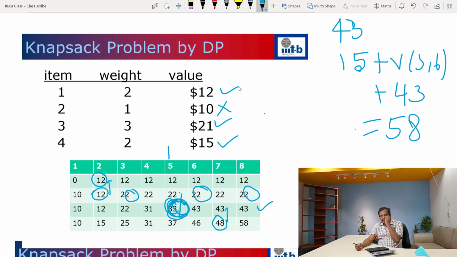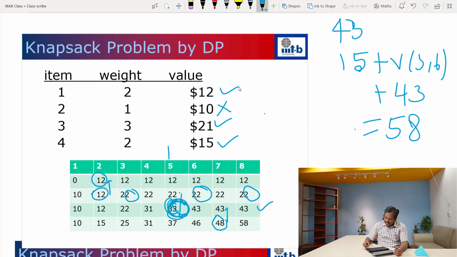So the profit that you make if I am given a knapsack of size 7 is this: you have ignored the second item, but you have picked the first, third and fourth items. If you add them up, the profit that you can make is 12 plus 21 plus 15, which happens to be 48, and the weight of the knapsack required if you add up the first, third and fourth items is exactly equal to 7: 2 plus 3 plus 2, which is 7.